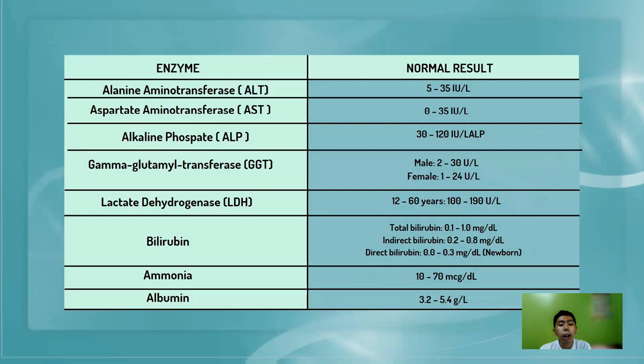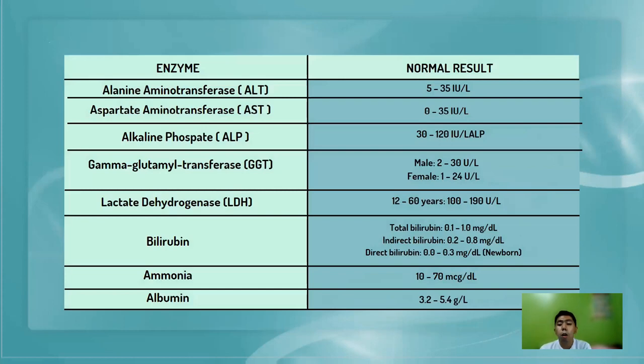And third, alkaline phosphatase or ALP. Its normal result is 30 to 120 U/L. And next, the gamma glutamyl transferase or GGT. For male, the normal result is 2 to 30 units per liter.